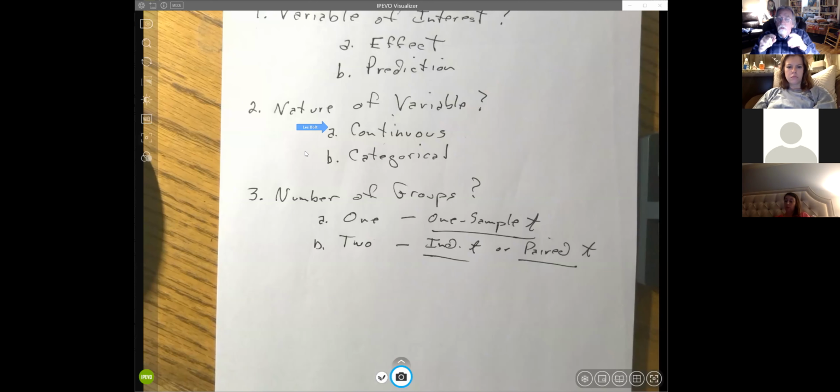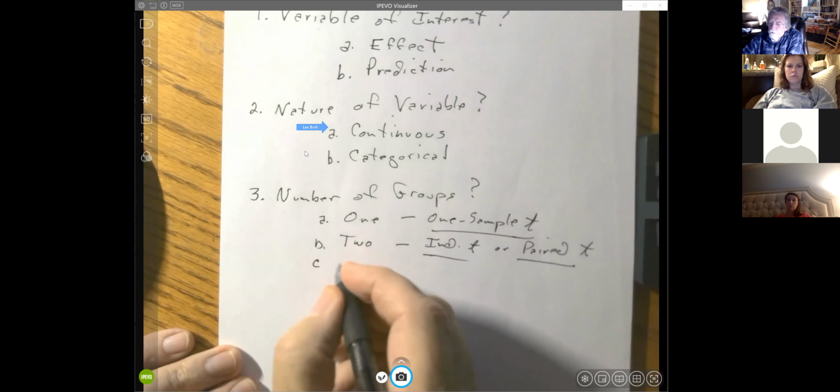Even though it's one group, the fact we have two measures, we treat it as if it were two groups when it's pre-post. And so we can have a scenario where you have two actual groups, or you can have two groups just simply because you have a pre-post measure. And so you have a score for pre and a score for post. Or you can have three or more.